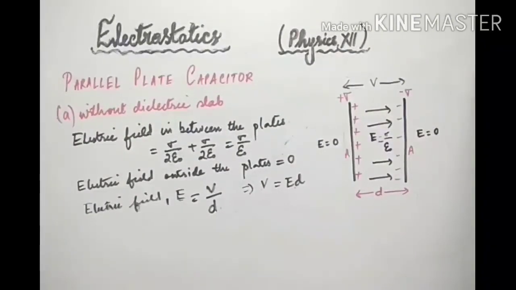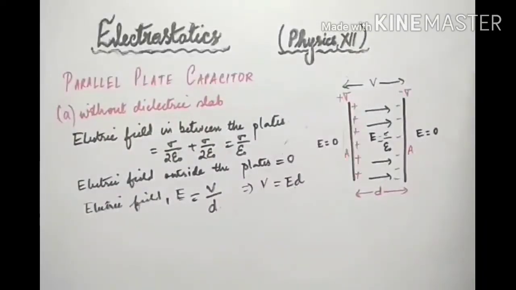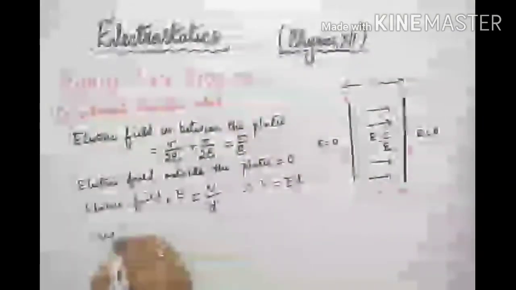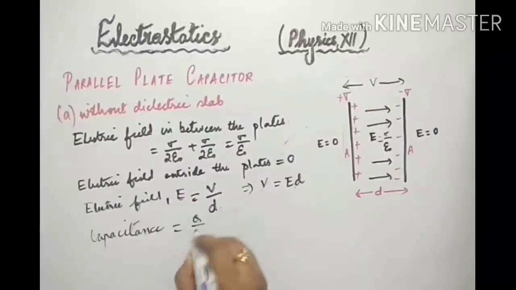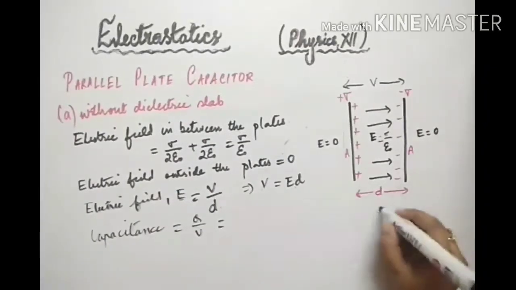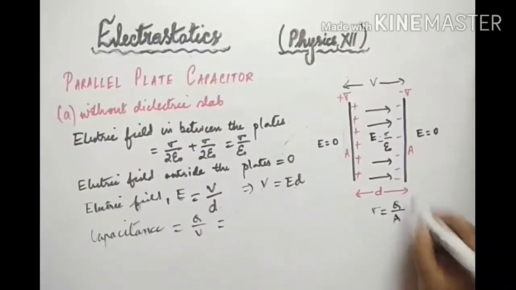So now we have V and we want to find out the capacitance. What is the formula of capacitance? Capacitance formula is Q by V. Now Q can be written as, since this is surface charge, sigma is Q by A, where A is the area of the plates.